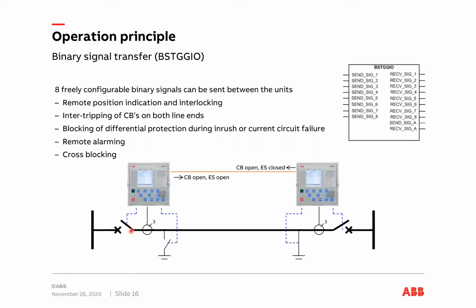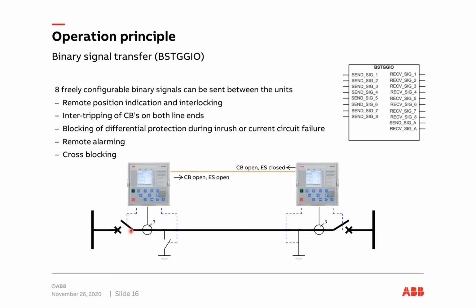Other things we can do with the binary signals is that we can send tripping signals to the other relay, so we can operate the circuit breaker in both ends of the line. We can send blocking signals when one relay is detecting inrush current, or if there's a current circuit failure.